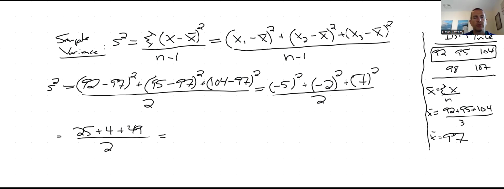Our numerator becomes 25 plus 4 plus 49, that's 58, divided by 2. And then 58 divided by 2, that's 29. Okay. So our sample variance, S squared, is equal to 29.